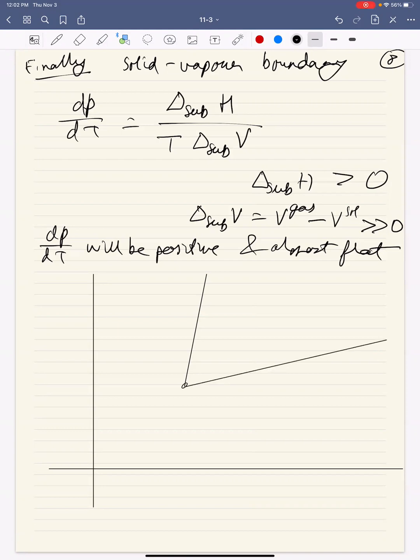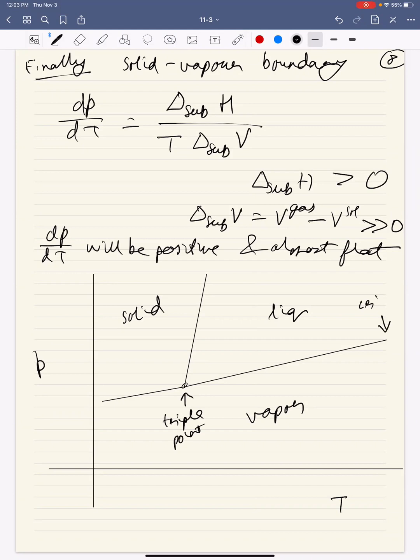This and something like this. So it's going to be solid, liquid, vapor. And this over here is known as, so this is pressure and temperature, triple point. And this is the critical point, which we'll study next time as to what actually happens here.